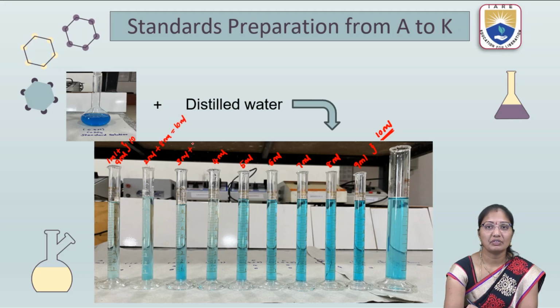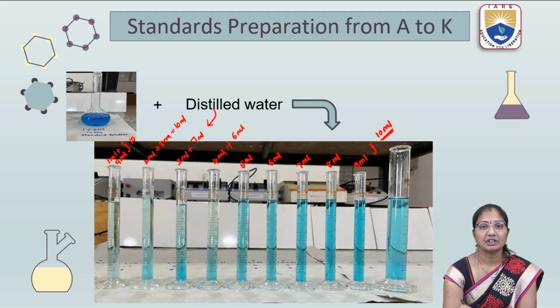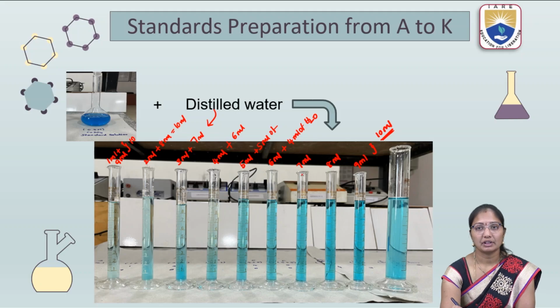In the same way, if it is 3, we add 7 ml of distilled water. If it is 4, we add 6 ml of distilled water. If it is 5, we add 5 ml. If it is 6, we add 4 ml. If the copper sulfate solution is 7 ml, we add the remaining 3 ml of water.